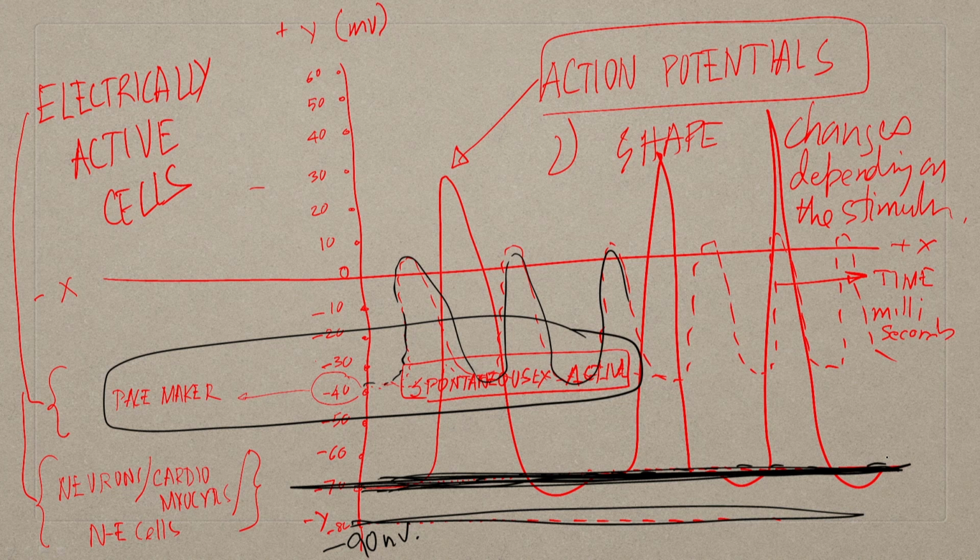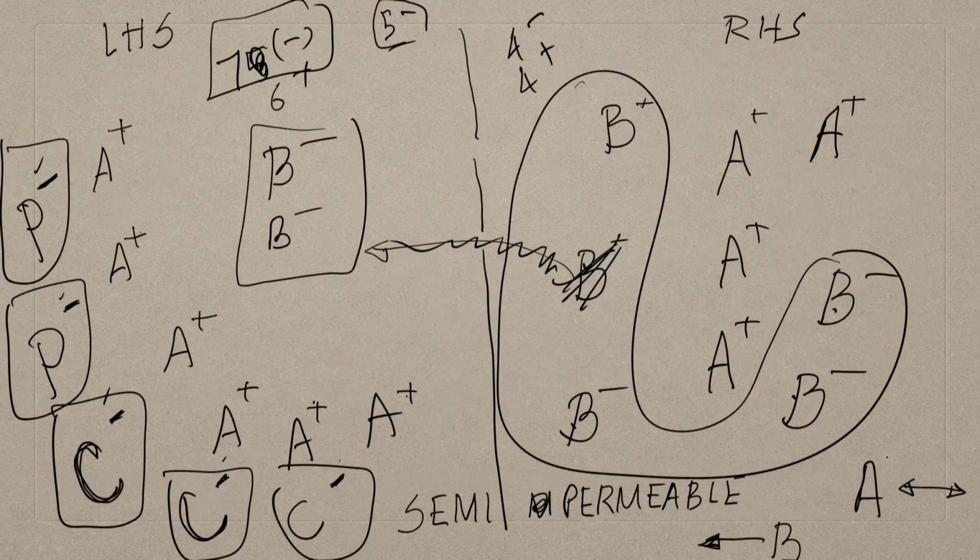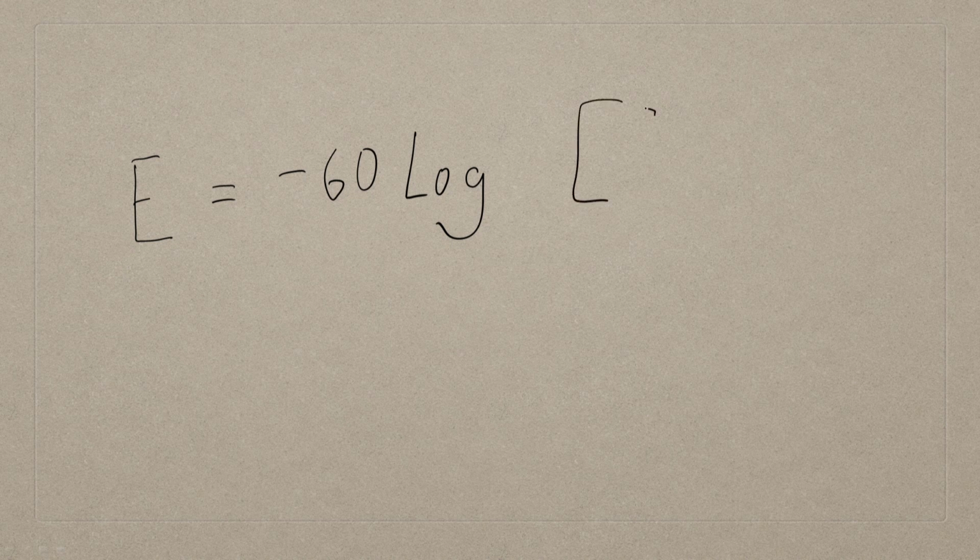Now, this was the problem of figuring out what will be the voltage across this membrane, and that is where came the most celebrated equation of Walther Nernst, which says E, the voltage across, is minus 60 log. This is all a simplified version of it, I am telling you.